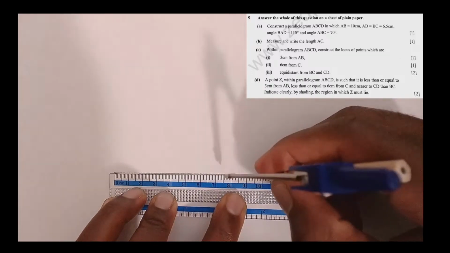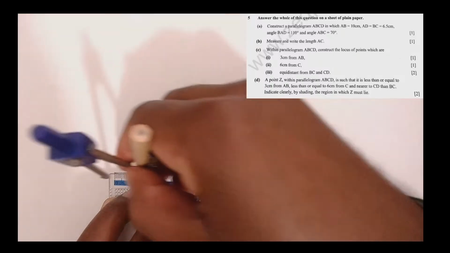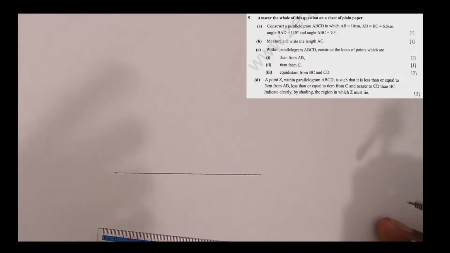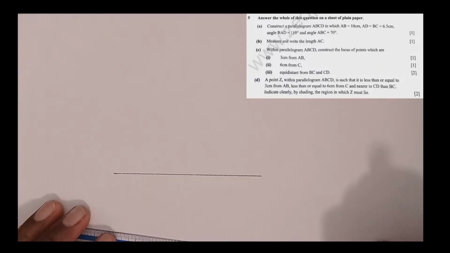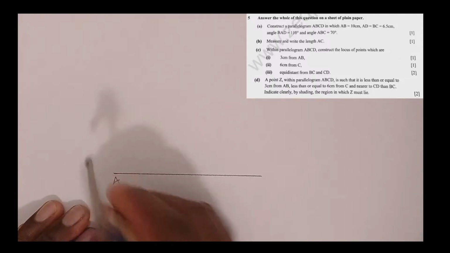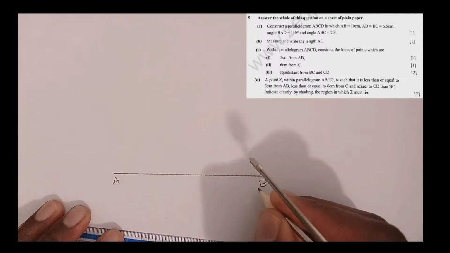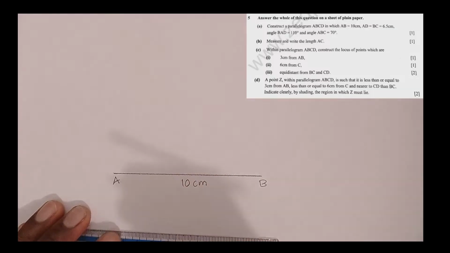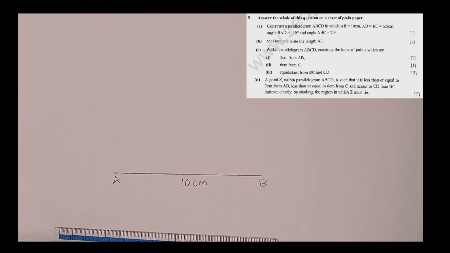Make sure your pencil is sharp enough. Mine is blunt, that is why it is writing big things like that, but this is not bad for visual sake. So this is A and this is my B, and this is 10 centimeters. All right, so we have our 10 centimeters.